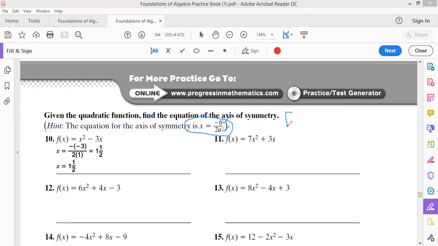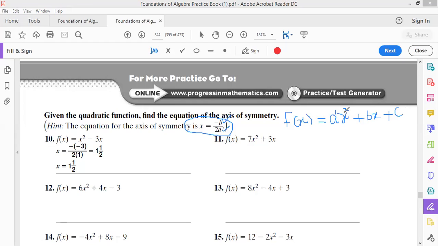As you remember, we have studied the quadratic function f of x is equal to ax squared plus bx plus c.